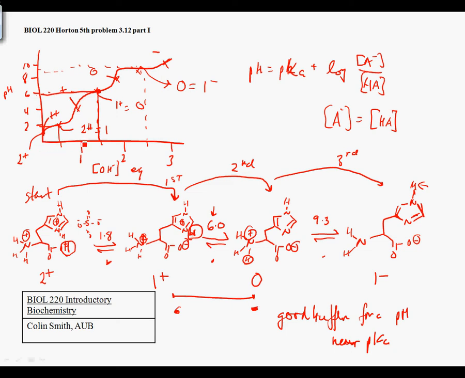It'd be a bad buffer in between, around pH 4, and it'd be bad in between these two, which would be halfway between those two. So what is that? It's going to be about pH 7. We can even calculate that. 9.3 minus 6 is 3.3. Half of that, let's say, is 1.6, so 7.6. So it'd be a bad buffer at 7.6.